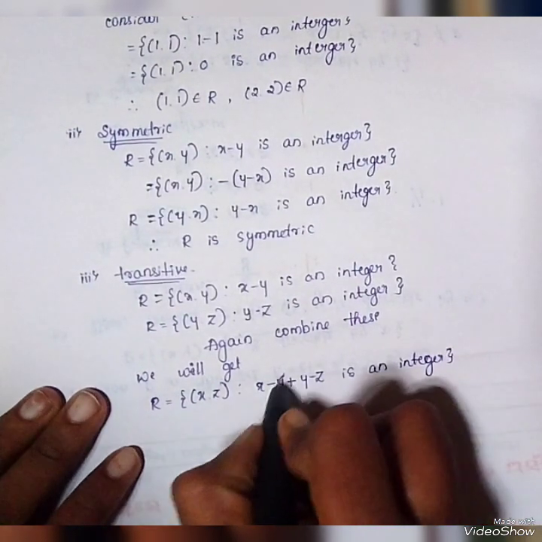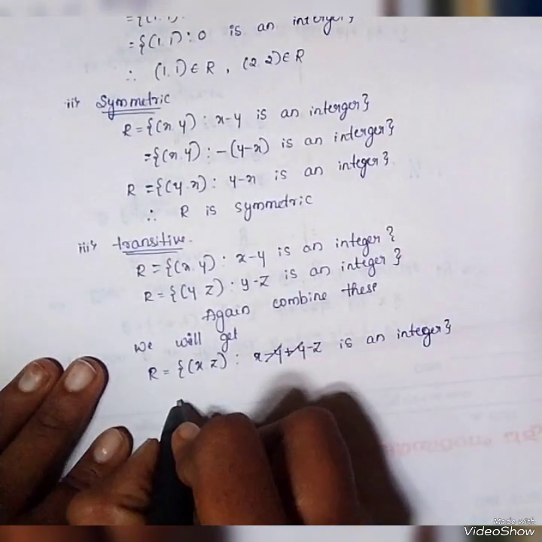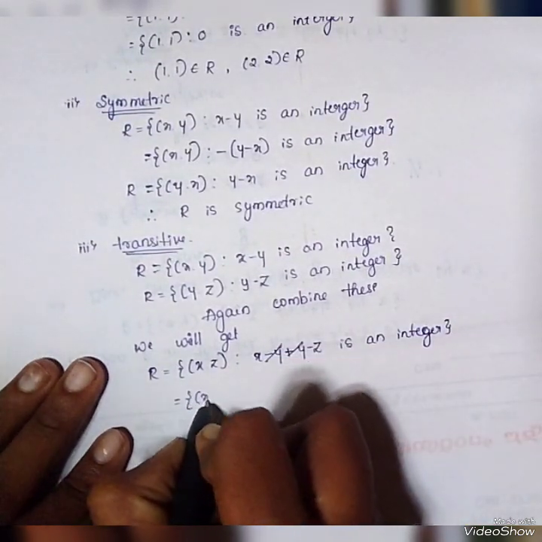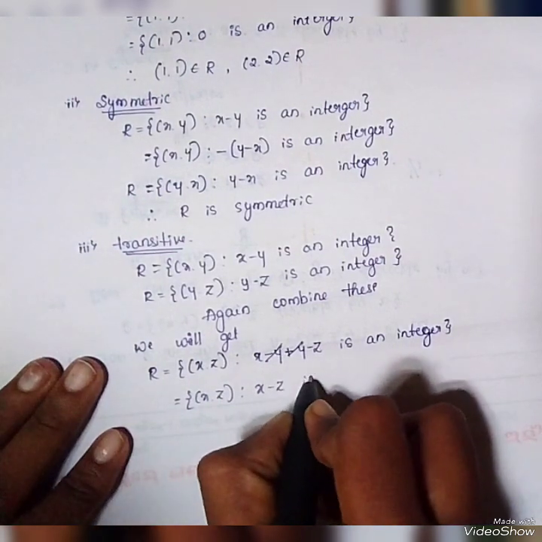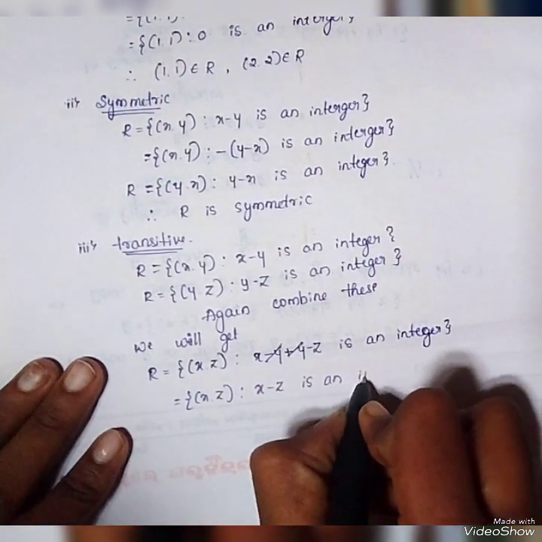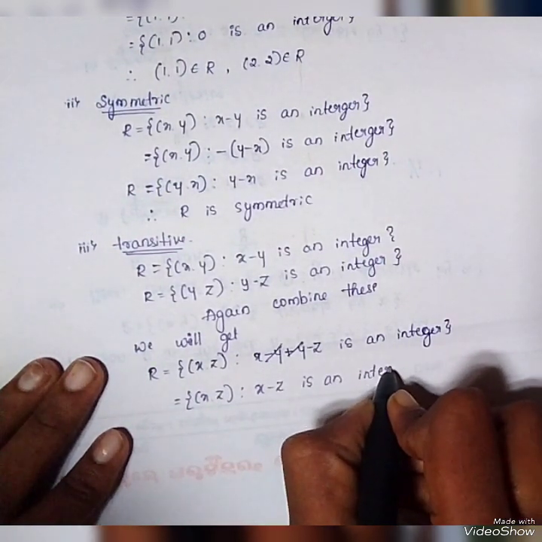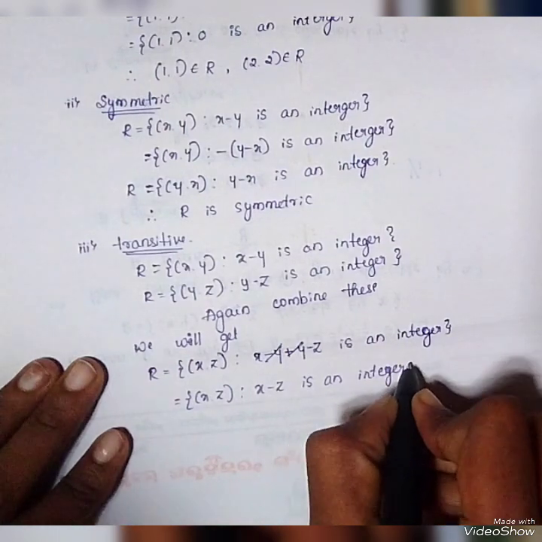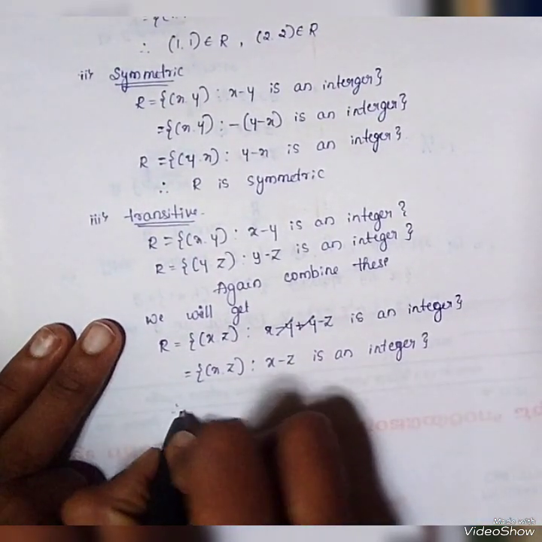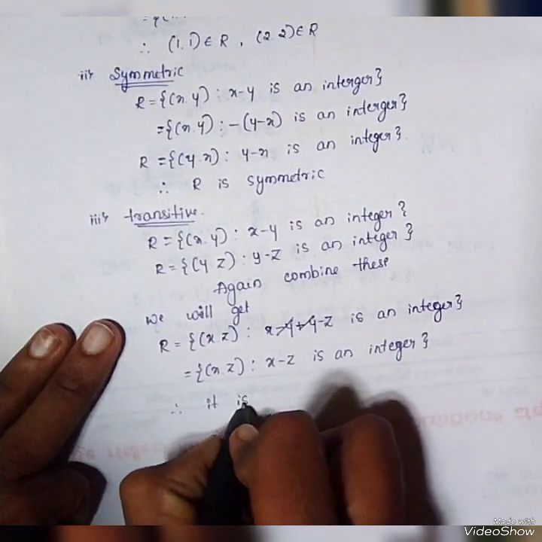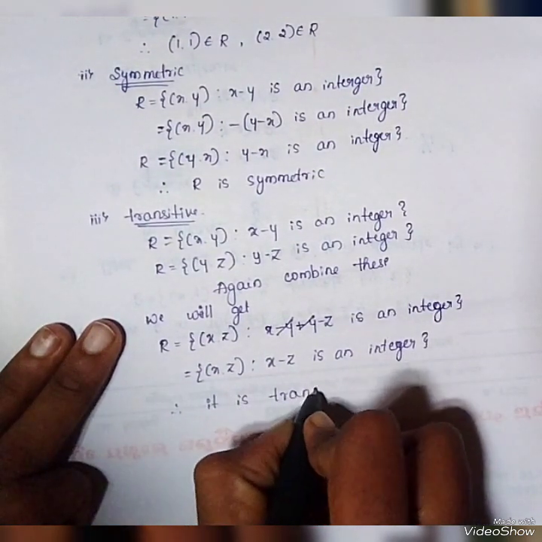The y terms get cancelled, hence x comma z such that x minus z is an integer. The transitive condition is also satisfied, therefore it is transitive.